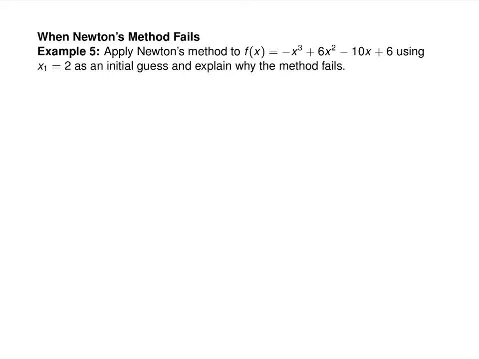Okay, so here is where Newton's method will fail, and it's because your initial guess is too far away. So let's just look and see what happens in this case. We have x1 equals 2. x2 is x1 minus f of x1 over f prime of x1. F prime of x is going to equal negative 3x squared plus 12x minus 10.